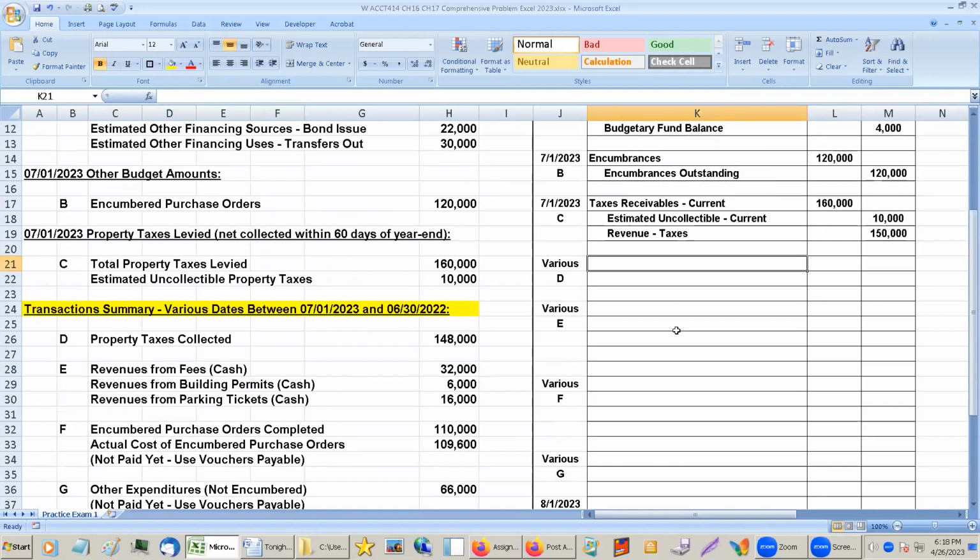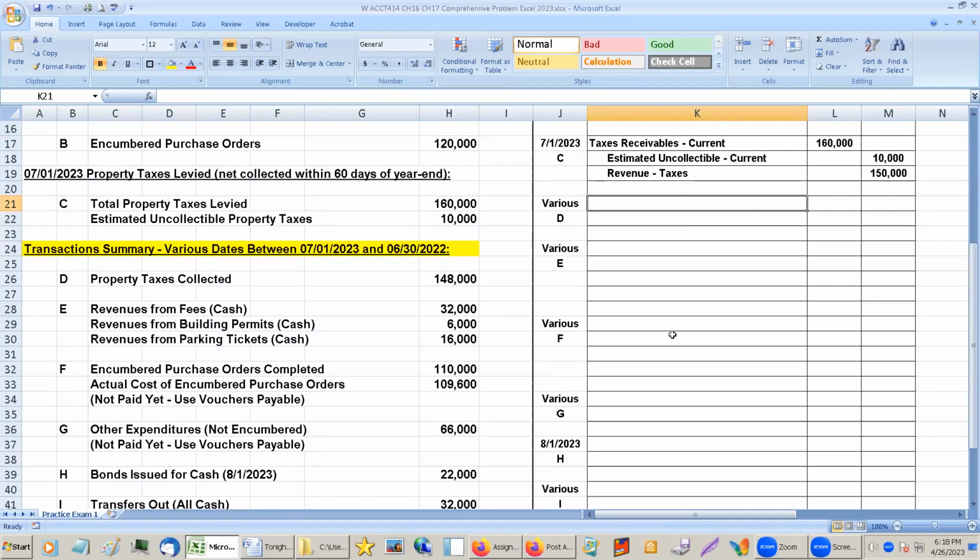Property taxes collected 148,000. What's that journal entry going to look like? Cash 148. Yep. Debited. And tax revenue would be credited for the same amount.